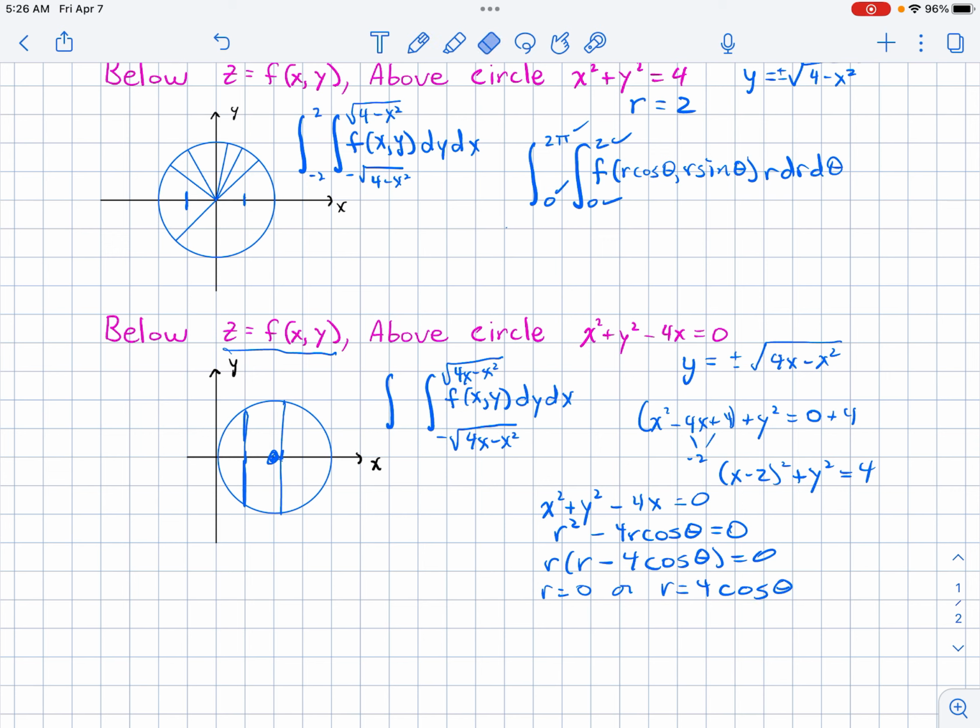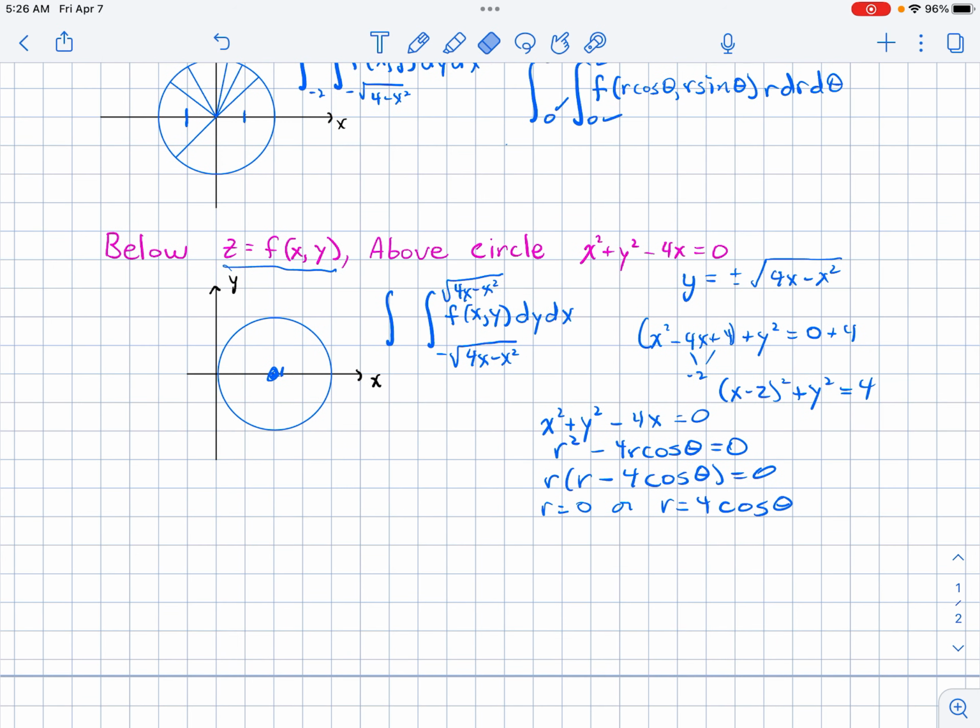Now, we're shifting gears here to polar. So let's see what we've got now. We've got this double integral, and we've got f of r cosine theta, r sine theta, r dr d theta.